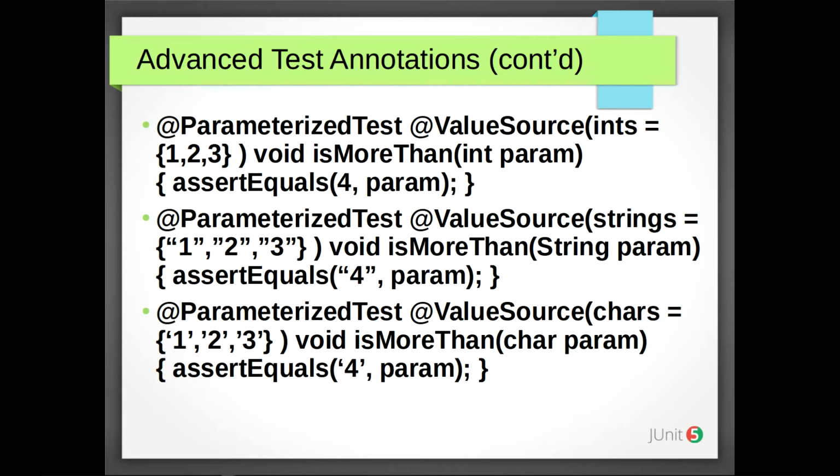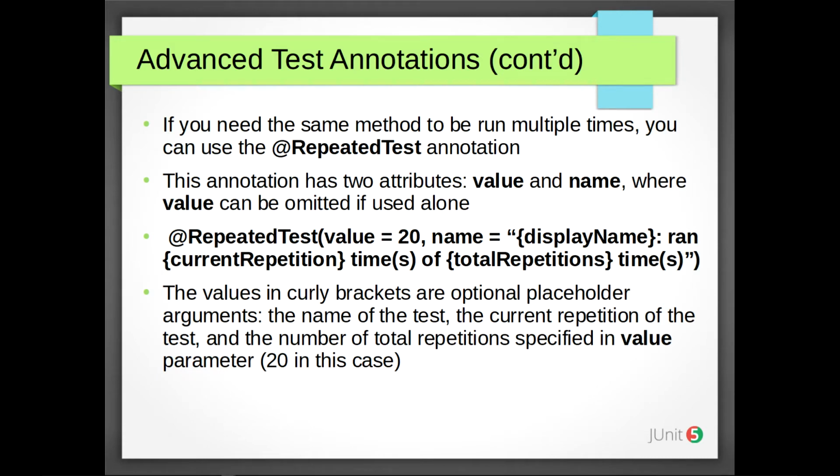Let us go on. If you need the same method to be run multiple times, you can use the @RepeatedTest annotation. And I am going to make a 10-second pause for you to write out @RepeatedTest.